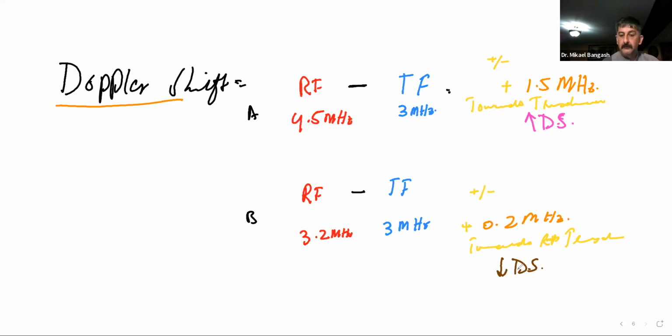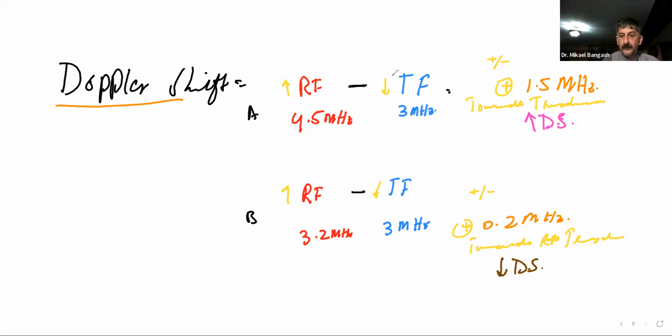The direction is already said, it's towards the transducer. That's why in both cases there were positive Doppler shifts. Why? Because your reflected frequency was greater than your transmitter frequency.